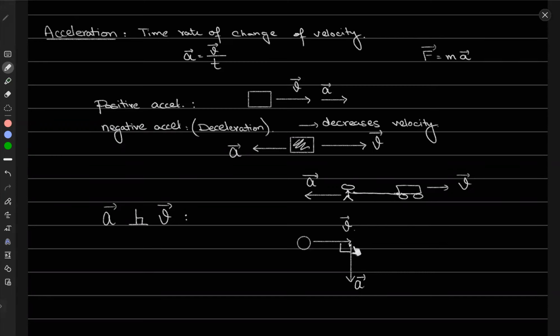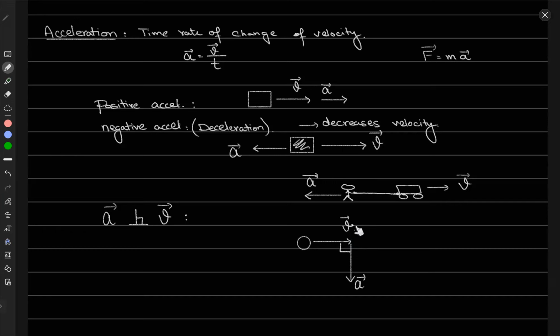In this case, the acceleration vector is independent of the velocity vector, in the sense that the velocity vector is completely in a horizontal direction, while the acceleration vector is entirely in the vertical direction. So the acceleration vector will not be able to change the velocity vector's magnitude.